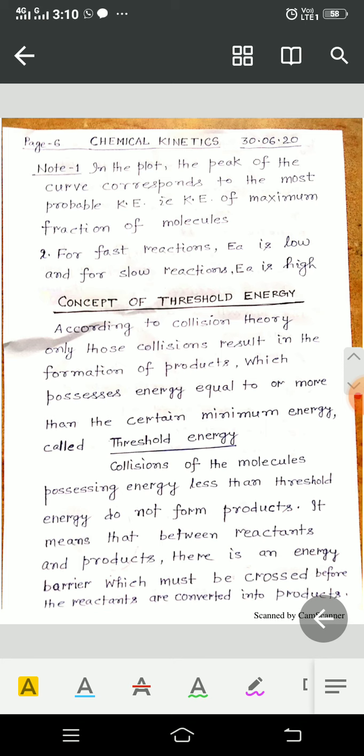If a reactant gives products, it means it has crossed the energy barrier which lies between reactants and products.